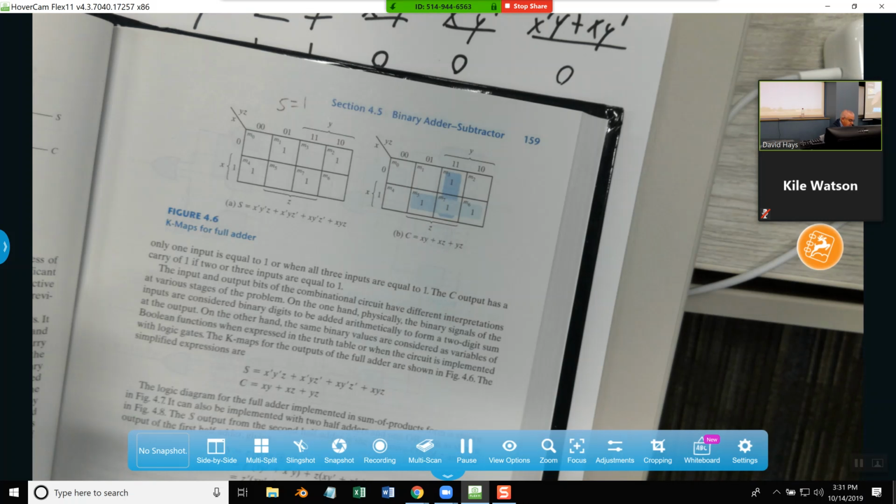C is the ORing of those ones, which is what we got right down here.